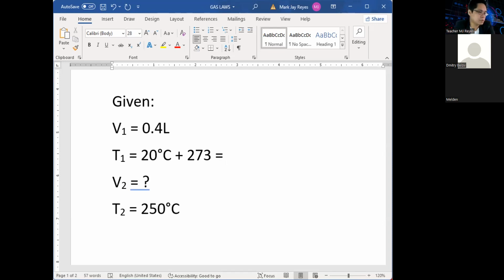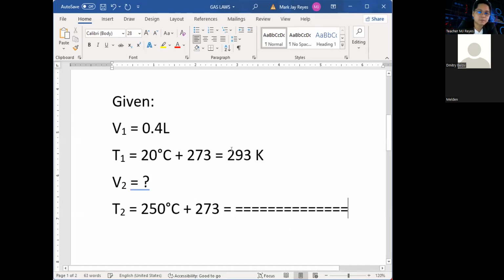So T1 is equal to 293 Kelvin. And T2 is equal to 250 plus 273, 523 Kelvin.